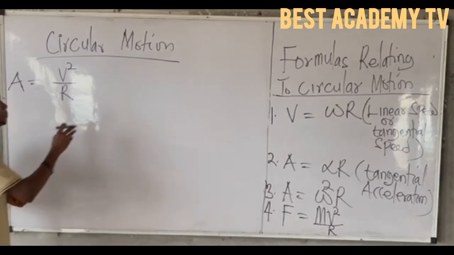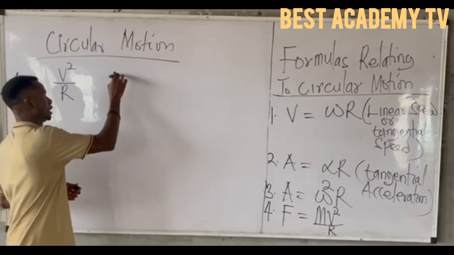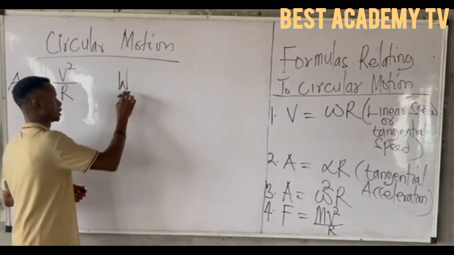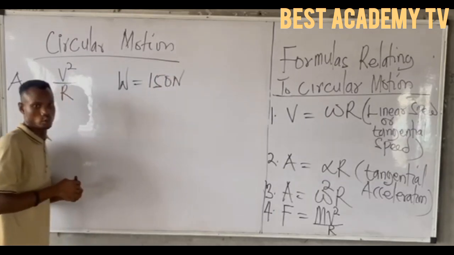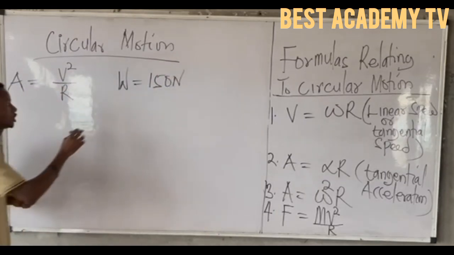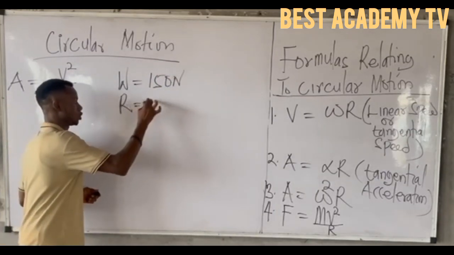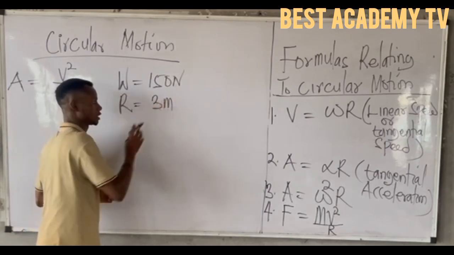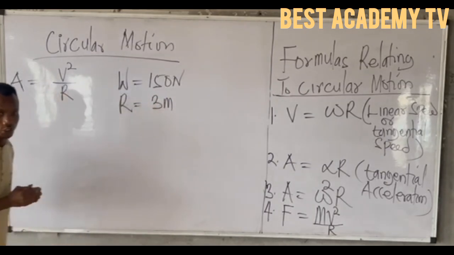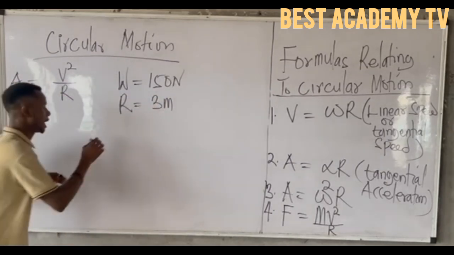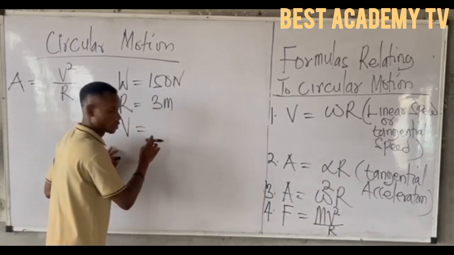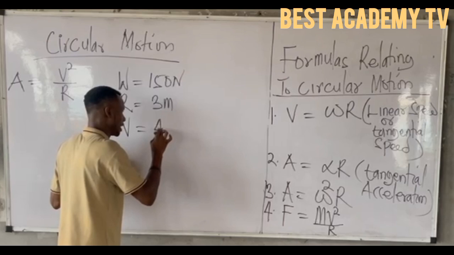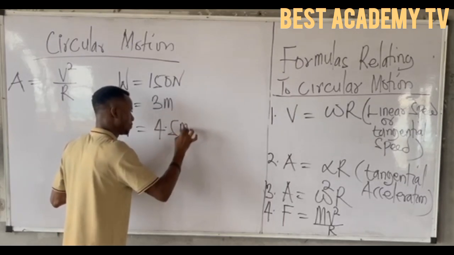The given parameters are the weight, W, which is 150 newtons, the radius, which is 3 meters, and the speed or velocity, which is 4.5 meters per second.